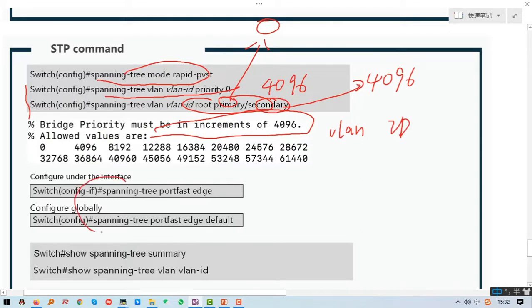These commands are used to configure PortFast. We can configure PortFast under an interface or configure it globally. And these commands are to view the spanning tree. So let's demonstrate the configuration together.